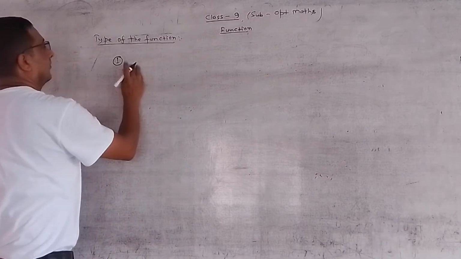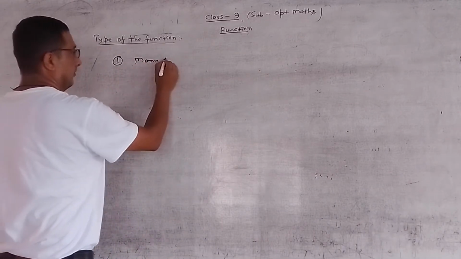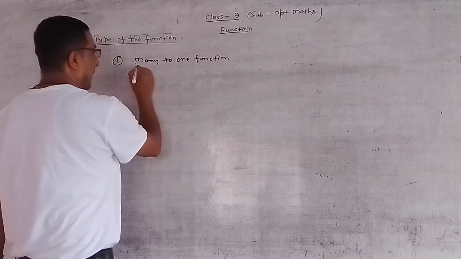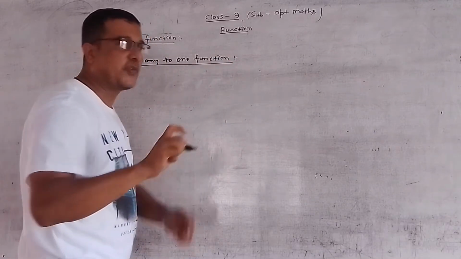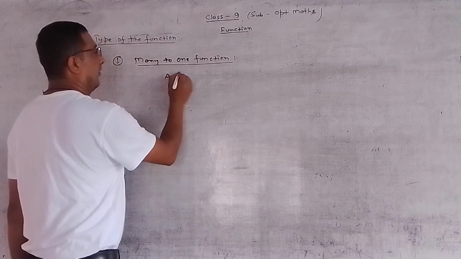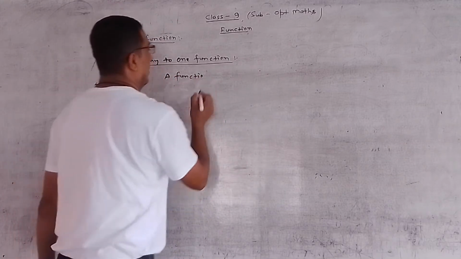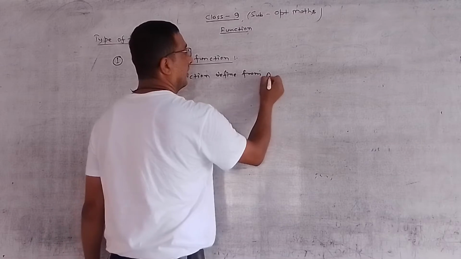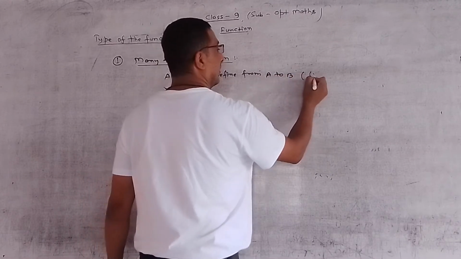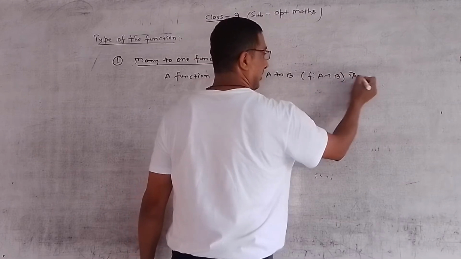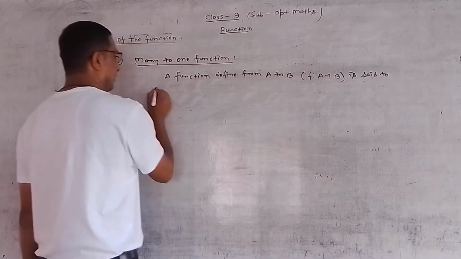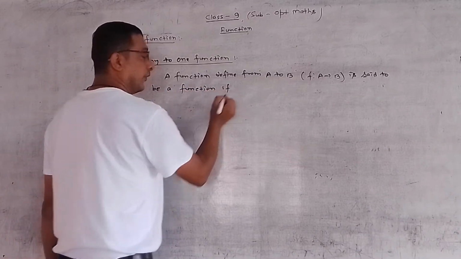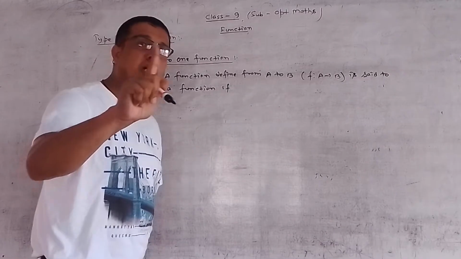Second one, many-to-one function. It is also defined from set A. Same, a function defined from A to B is said to be a many-to-one function if at least two elements of set A have one image.